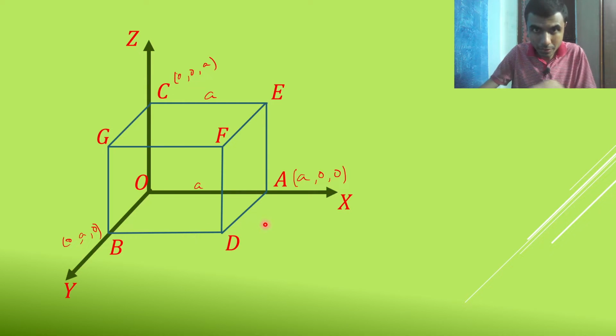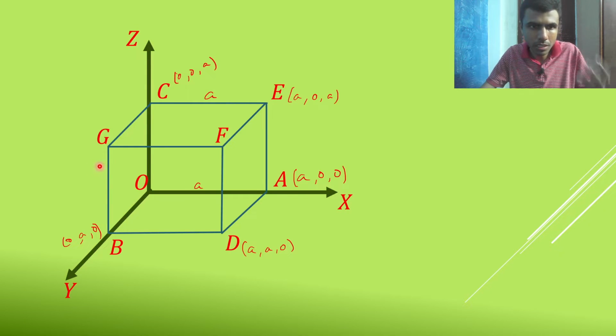Now D is in xy plane. This is A and this is also A, distance. So D coordinates are going to be, in xy plane, Z is 0, so D is going to be (A,A,0). Fine. And next E. E is in xz plane, so E is going to be (A,0,A).